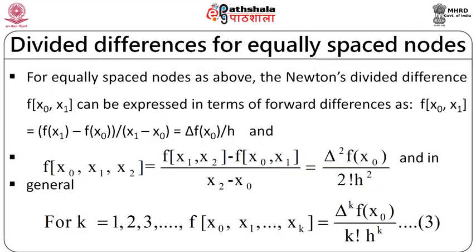So, this formula helps us to convert Newton's divided difference interpolation formula into the forward difference interpolation formula, and that is why this conversion from divided differences to forward differences is considered.